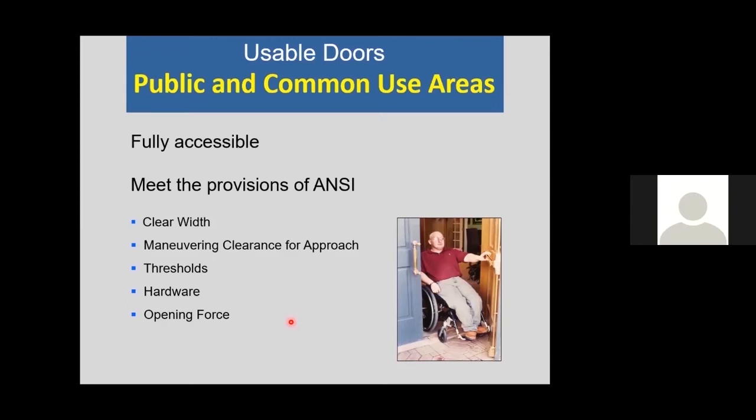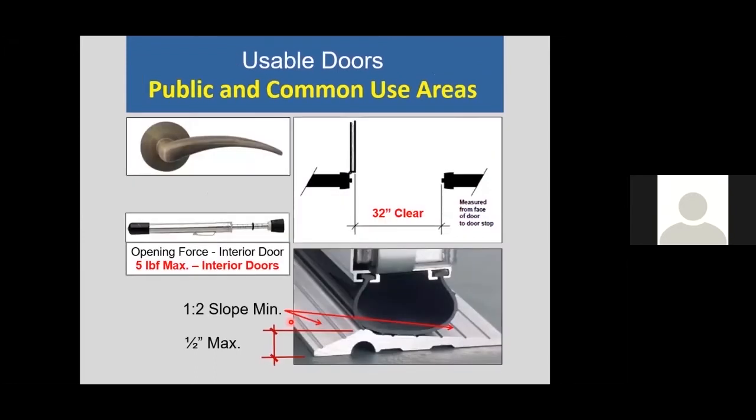Thank you. You're welcome. So we're looking at accessible hardware, minimum clear width of the door, opening force. There is a door pressure gauge you can use to test the pressure. It's 5 pounds max on interior doors. Exterior doors, this has moved out of the standard. There are too many variables.